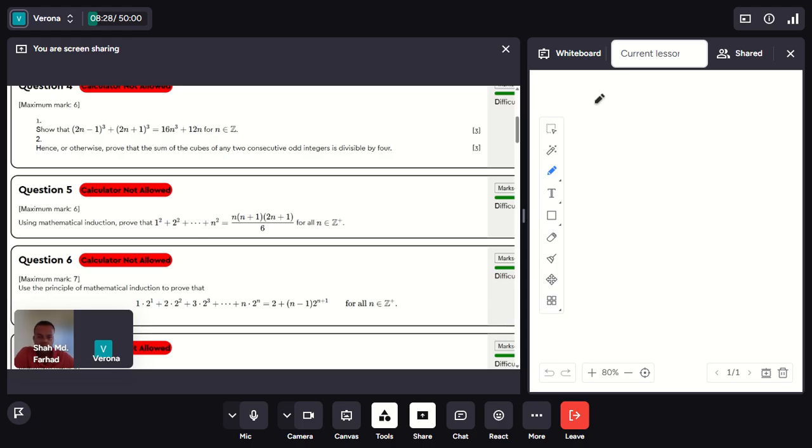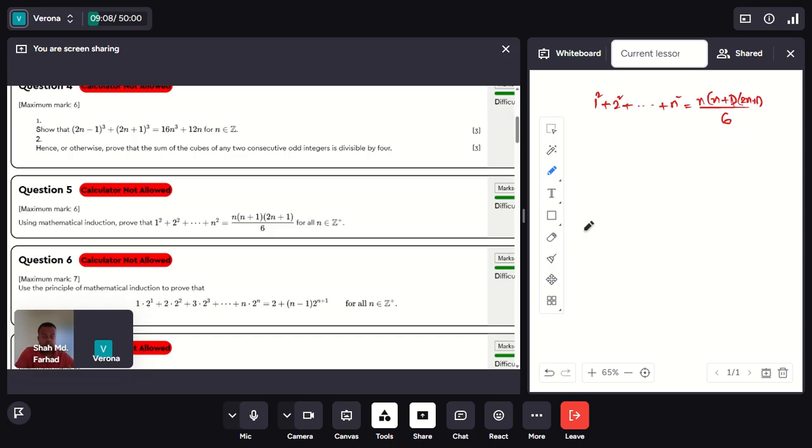We are asked to prove that 1 square plus 2 square plus up to n square equals n times n plus 1 times 2n plus 1 over 6. We have to prove this by using mathematical induction.